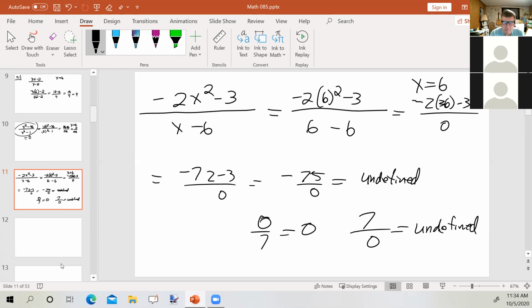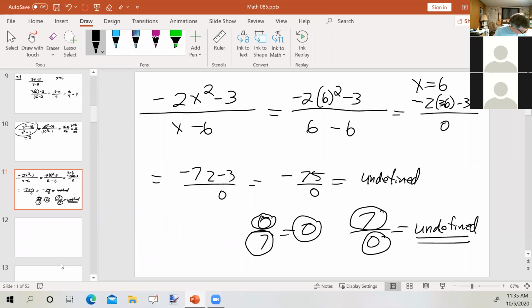We okay with that? Could you repeat that again? Say it again. 0 divided by a non-zero number is 0. A non-zero number divided by 0 is undefined. Okay, so dividing by 0 is undefined. You can't do it. So watch out.